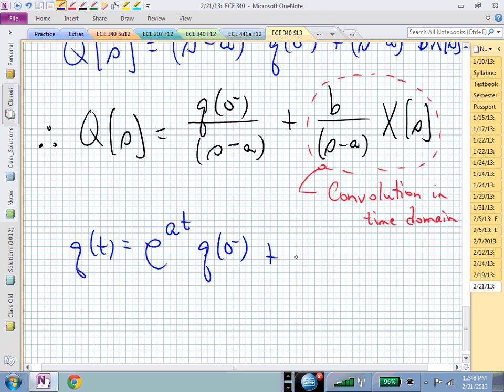And the convolution integral says we have this integral from 0, we're starting at time 0, up to the present time t. We now need to have something that's flipped and slid, and let's flip and slide the e to the a piece. We now have e to the a (t minus lambda) b x of lambda d lambda.